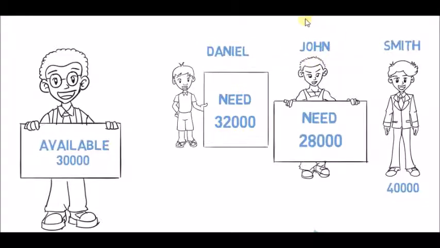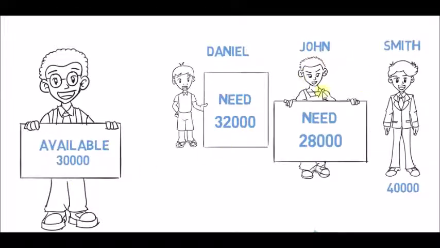Now let's check for John. John needs 28,000 rupees and we have 30,000 rupees available. So yes, we can provide a loan to John. Suppose we allocate 28,000 rupees as a loan to John. How much money is available with us after providing the loan? 2,000 rupees, right?